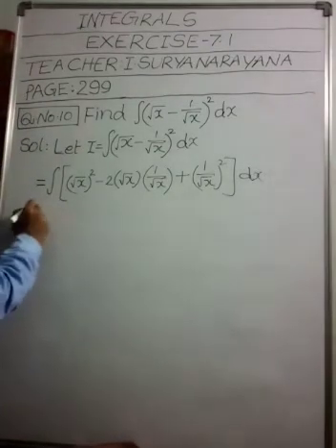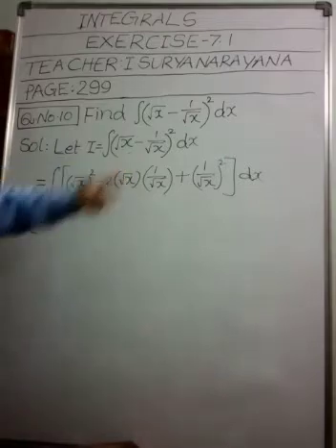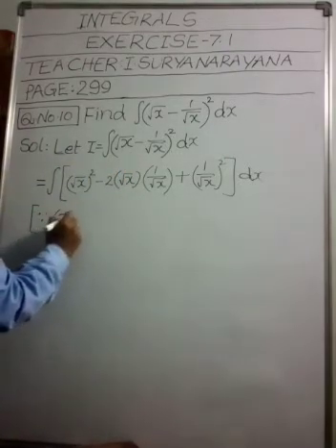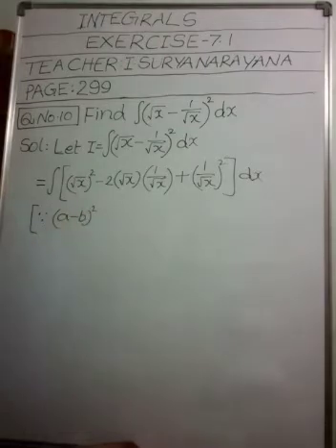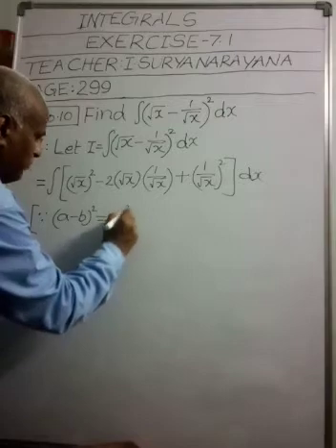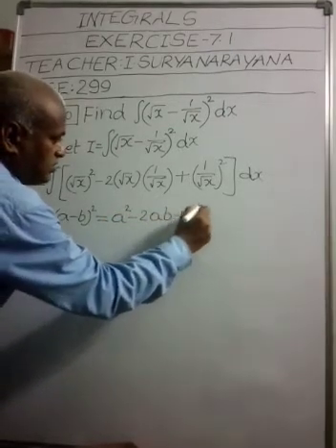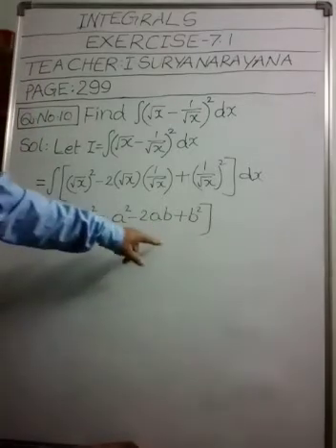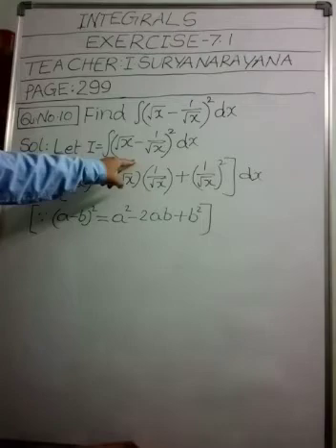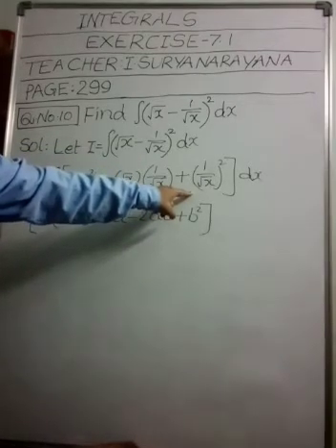Here I used an algebraic identity to expand this expression. What is the algebraic identity? A minus b whole square is equal to a square minus 2ab plus b square. By using this algebraic identity, I expanded this algebraic expression. We got this step. Understood this step, my children?